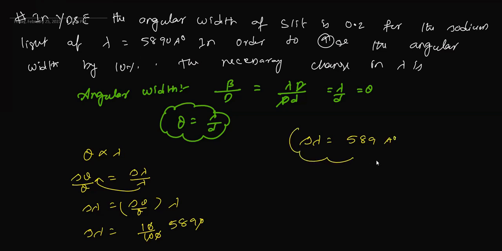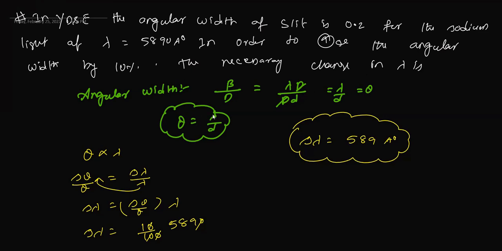This is the necessary change in wavelength. So read the question once again. In YDSE, the angular width of the slit is 0.2 for the sodium light of lambda equals 5890 angstroms. In order to increase the angular width by 10%, what is the necessary change in lambda? Angular width is defined as fringe width upon the distance between the slit and screen. So capital D will get cancelled and lambda by d will remain. That is theta, the angular width symbol.